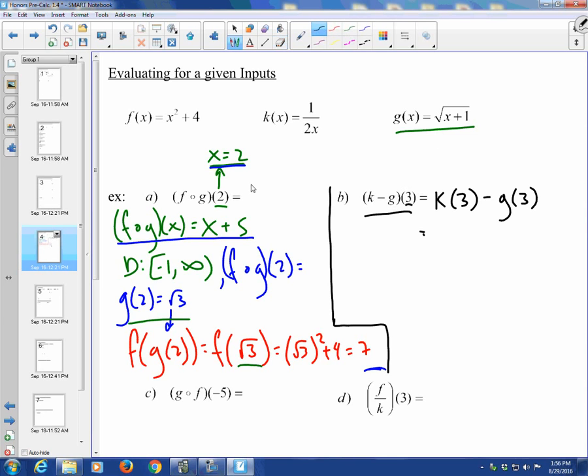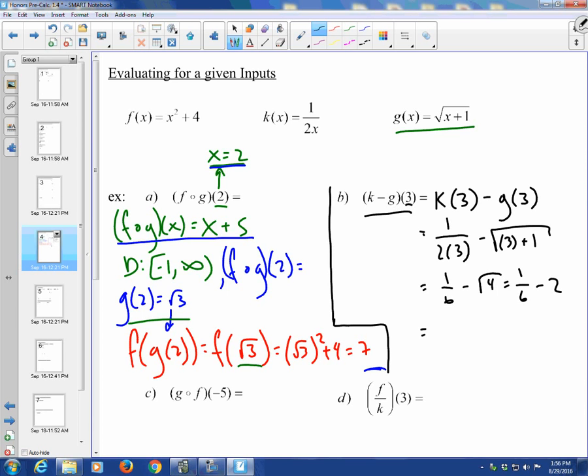evaluating k of 3, we get 1 over 2 times 3 minus our g of 3 would be the square root of 3 plus 1. And that's going to give us 1/6 minus, and then right here we've got the square root of 4, which is 2. So 1/6 minus 2.